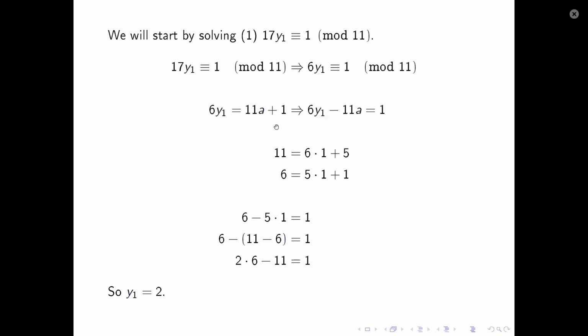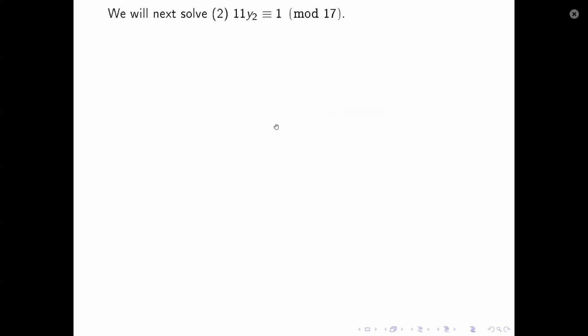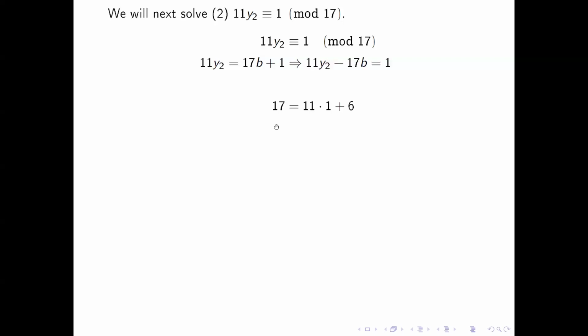To solve the second one, we're again going to do the extended Euclidean algorithm. So 17 is 11 times 1 plus 6 more. Move the 11 to 6, get a remainder of 5, which gives you a remainder of 1.